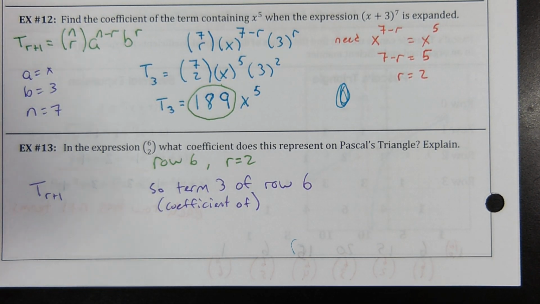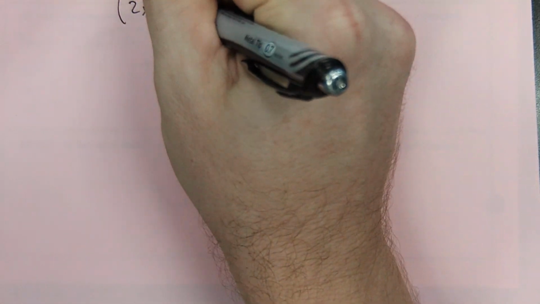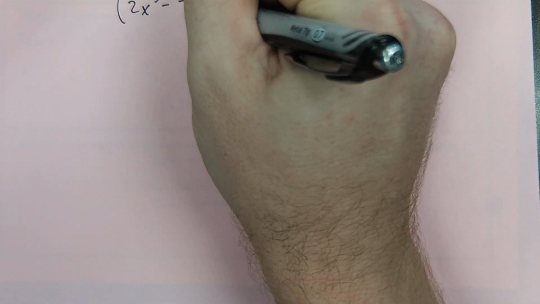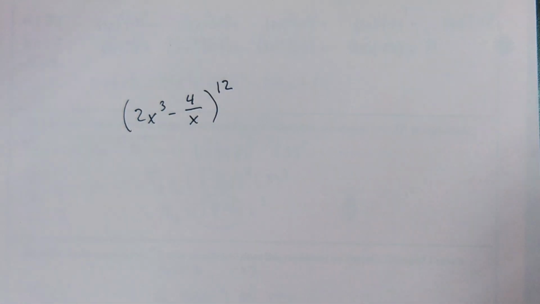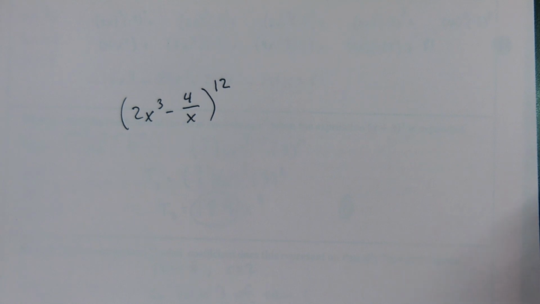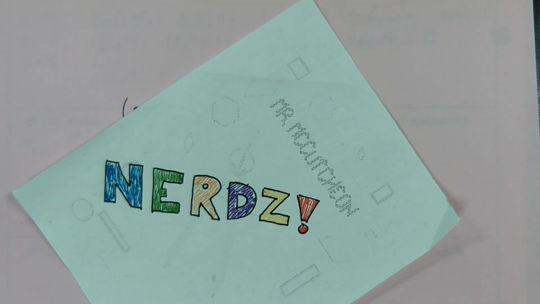Well, in case I wanted to do crazy things like this, and then I said something like, find the term that has x to the fifth in it. Now we could do that, and we will do that when we come back from our nice long hurricane break. Thanks, nerds. Appreciate it.